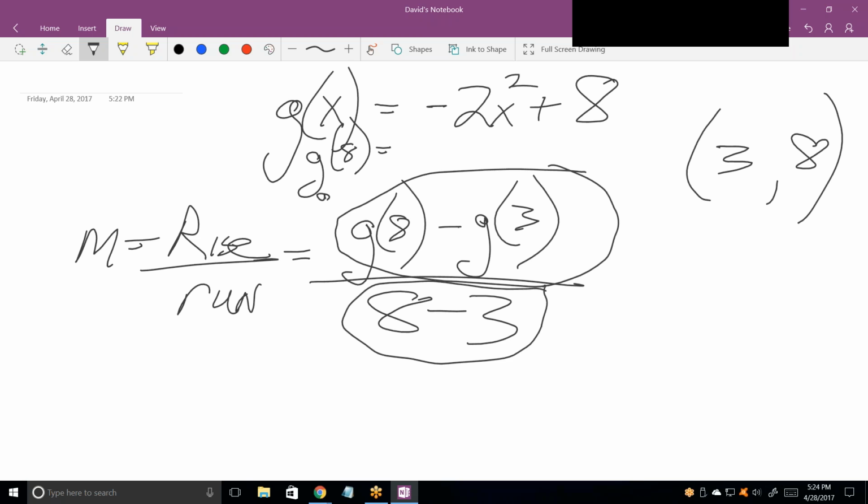So g of 8: negative 2 times 8 squared, plus 8. Minus 128 plus 8. So g of 8 is minus 120. What's g of 3?